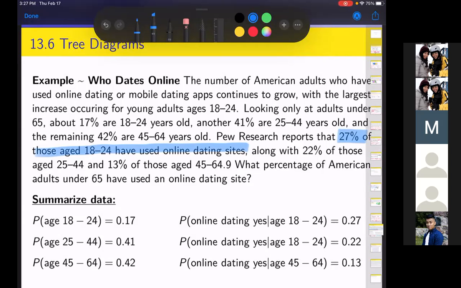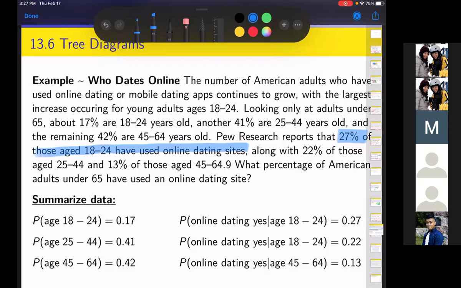If you read it carefully, given someone is from 18 to 24 years old, they use online dating sites, right? So given is the age group here, and the probability that you're looking for is an online dating site. So P of online dating site given age 18 to 24 is 27.